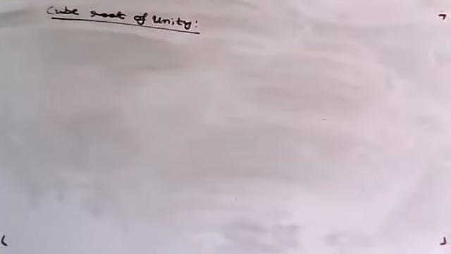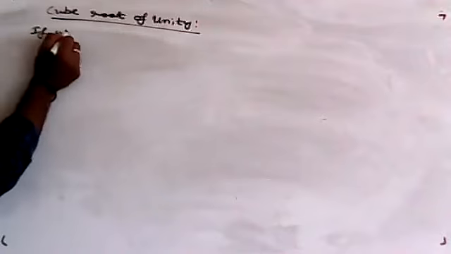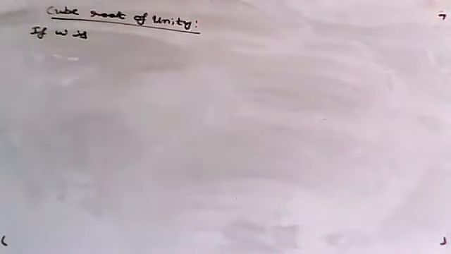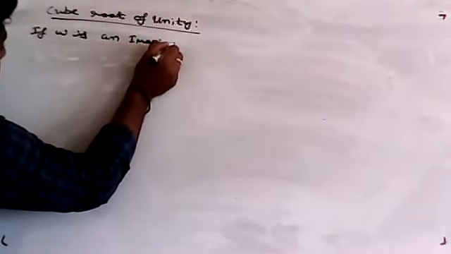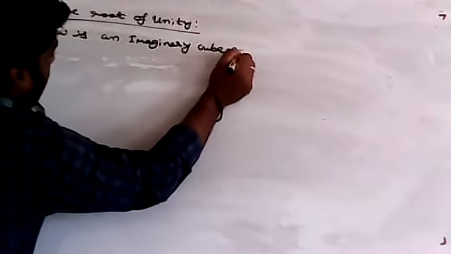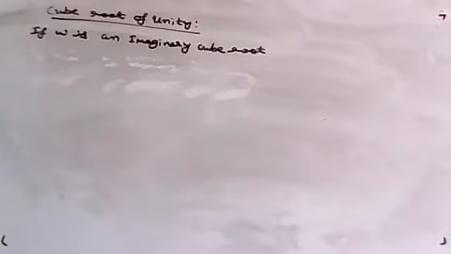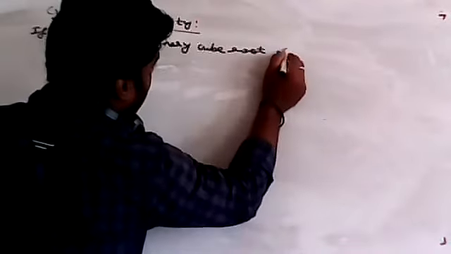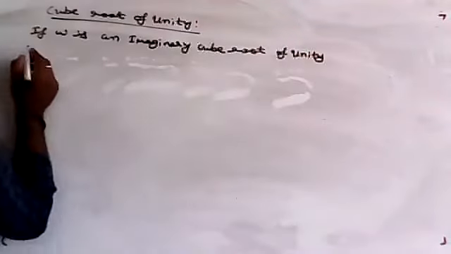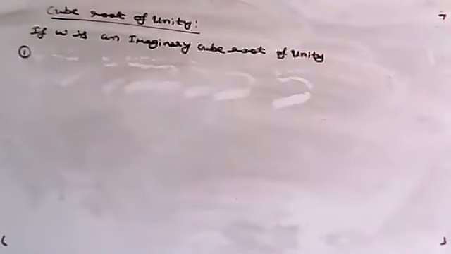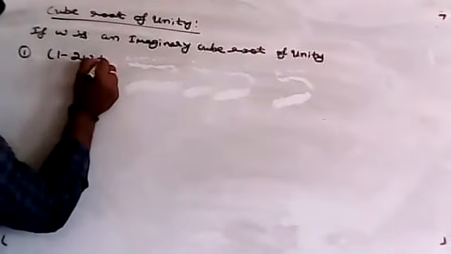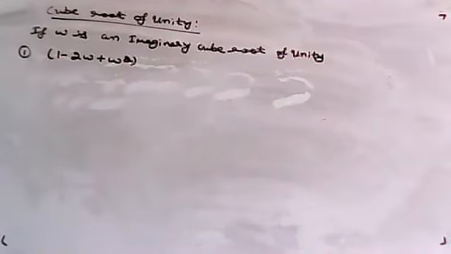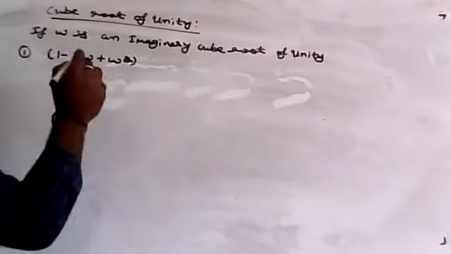The first one: if omega is an imaginary cube root of unity, find the first one, that is (1 minus 2 omega plus omega square) to the power of 6.